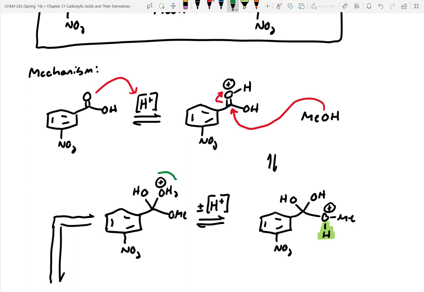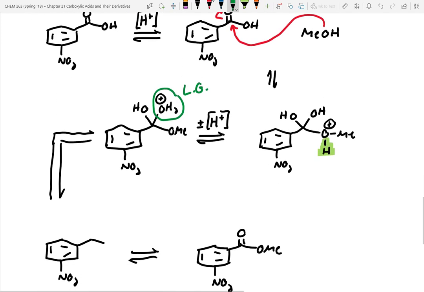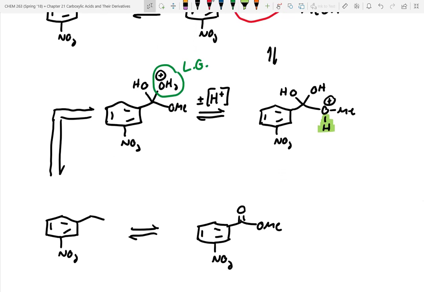we've got a good leaving group. That's the Z. Normally we don't think of carboxylic acids as being good leaving groups. However, in this situation, if you protonate it enough, you'll have water as a leaving group. So yeah, it kind of follows that same procedure. And then in the next step, what happens? Yeah, in this case, the electrons from the alcohol can clamp down and kick that off.